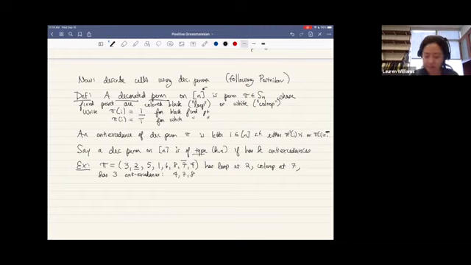So this decorated permutation is going to have something to do with a Grassmannian of 3-planes in 8-space.